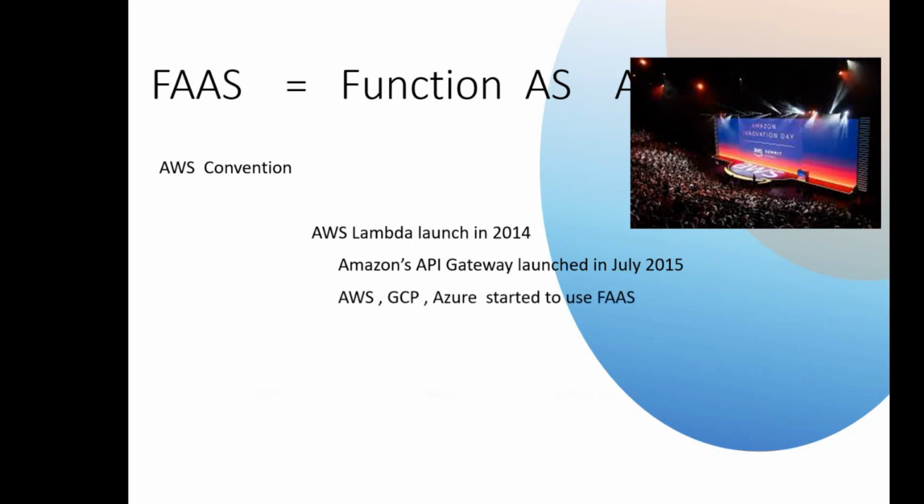So they started to implement FaaS, right? In the case of GCP, the FaaS solutions are Cloud Function, Cloud Run, and App Engine. GCP started its business using App Engine, but they implemented App Engine as a FaaS implementation later, once they saw this FaaS solution that came from AWS.